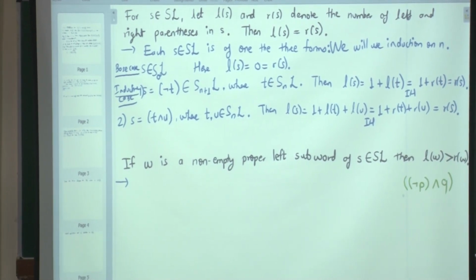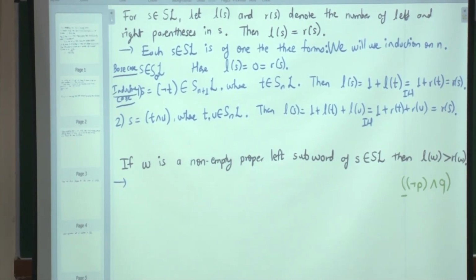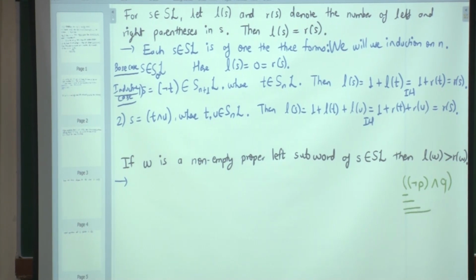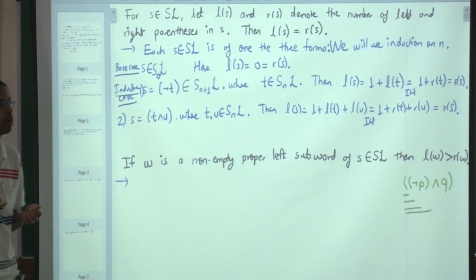Then I can have this word, just one parenthesis, then I can have this word, two parentheses, 3, 4, yeah, any of those left subwords. And what do we need to show? That L of W is bigger than R of W.